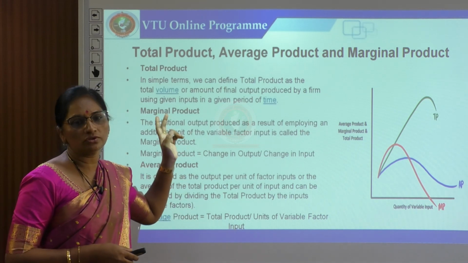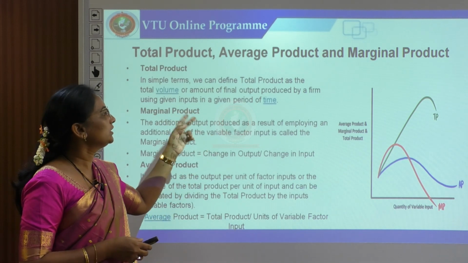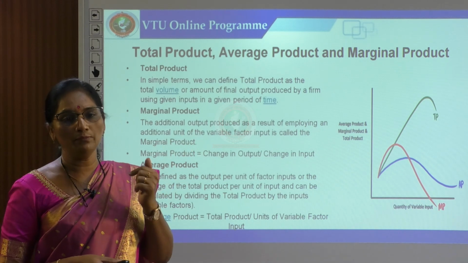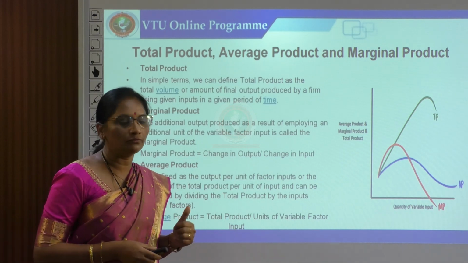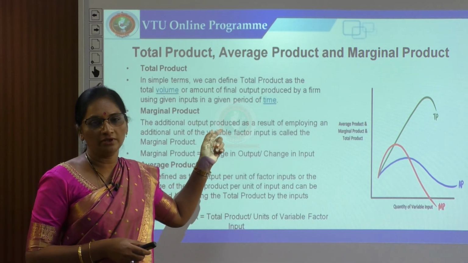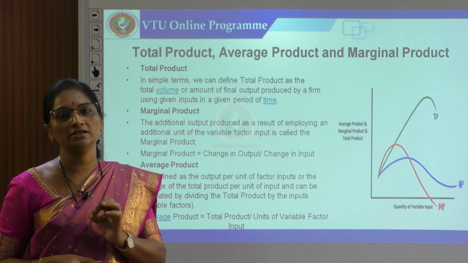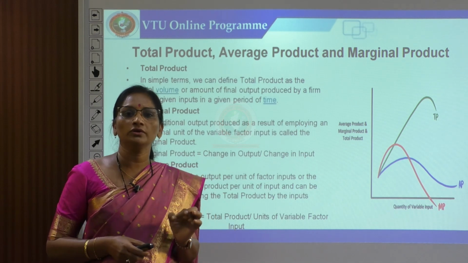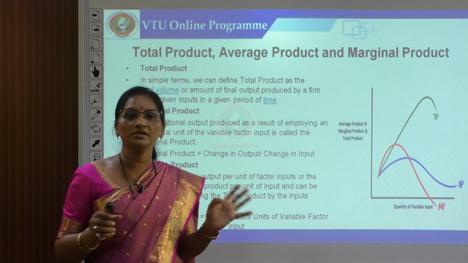Total product is the total volume or the total output in units with the help of the given inputs in the given period of time, because time is the most important element in the production function. If time is there, we can not only make Ganesha, we can also make the father of Ganesha if we have sufficient time.